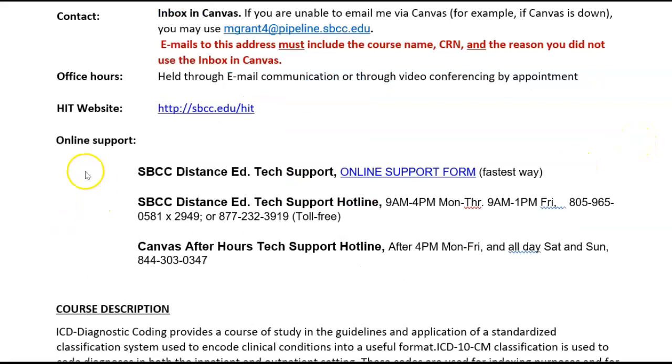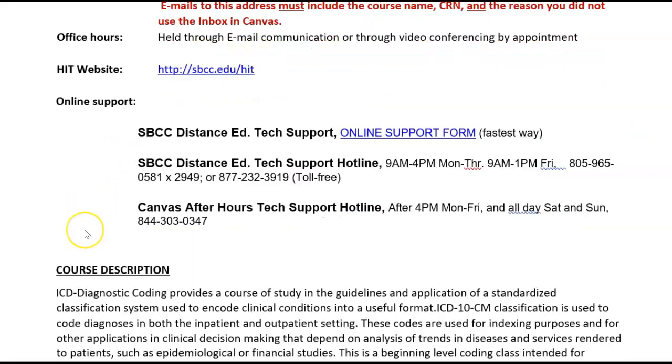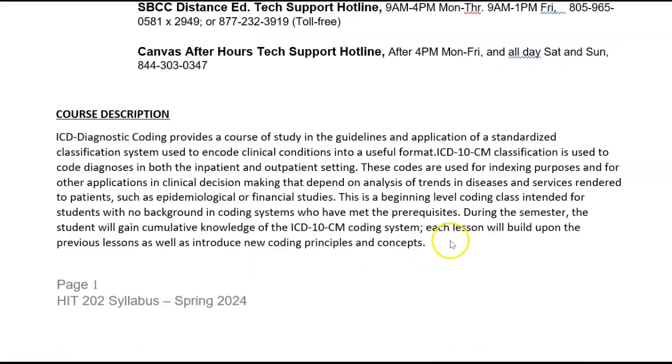All right. So with the syllabus, just so you know, make sure you look at our online support and then our course description. One thing I want to always tell students, this course, we're going to do the guidelines, application of ICD-10. The other thing, you're going to code diagnosis. These are used for both inpatient and outpatient settings.